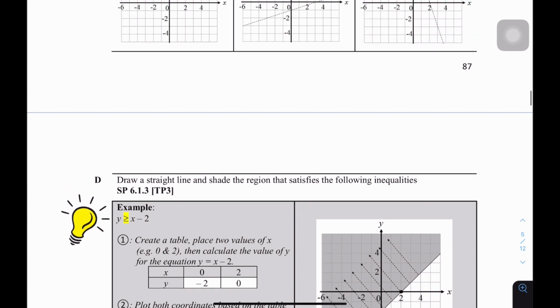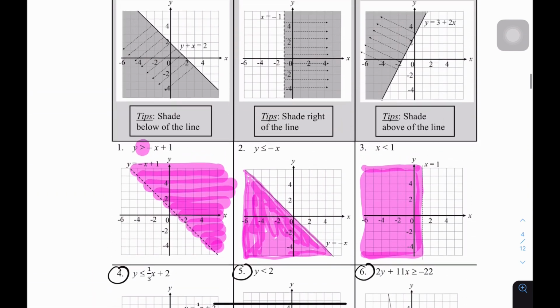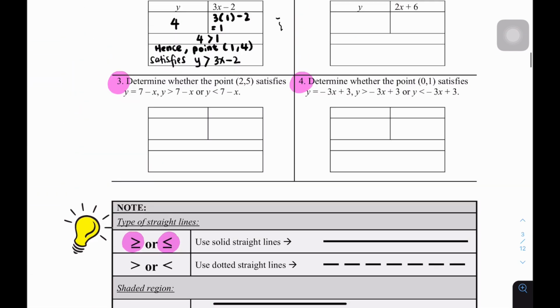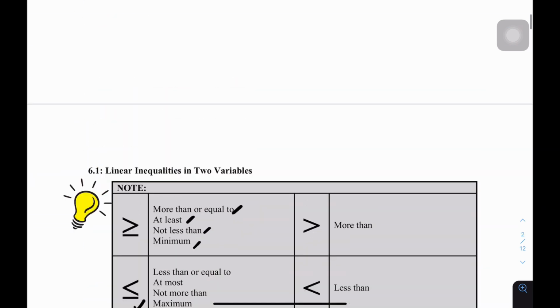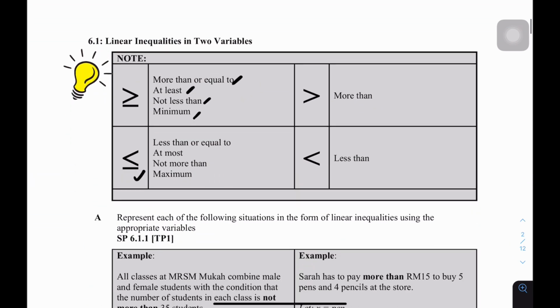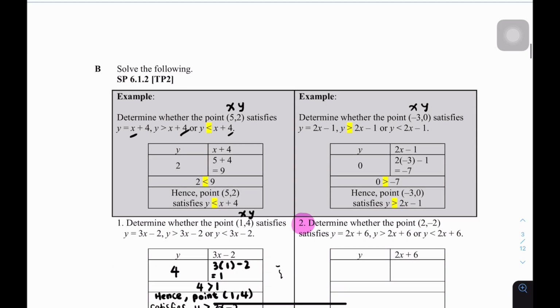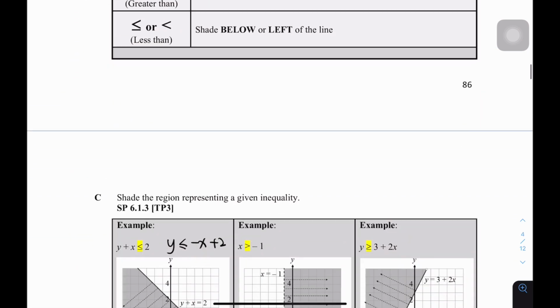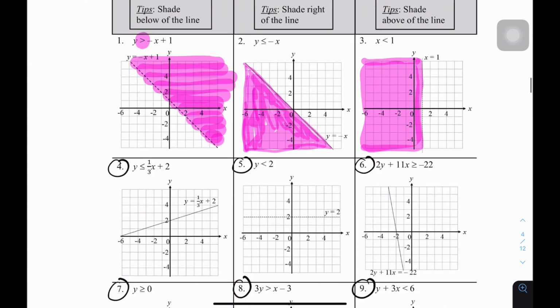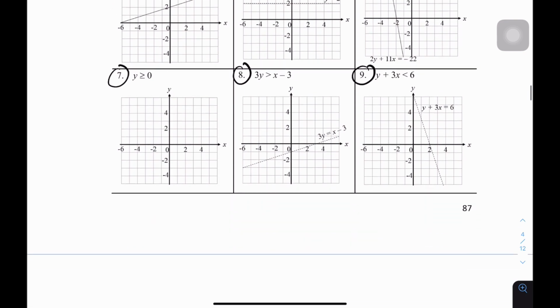Kita dah cover subtopic 6.1. Saya harap awak boleh lengkapkan latihan hari ini. If you have any problem, just ask in the WhatsApp group.